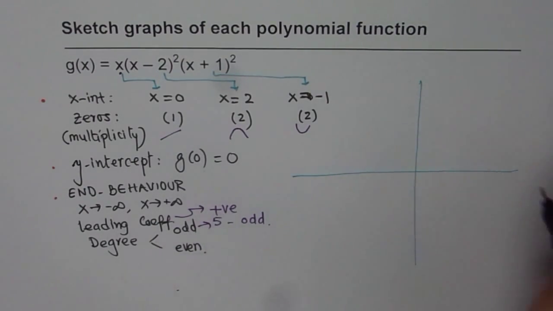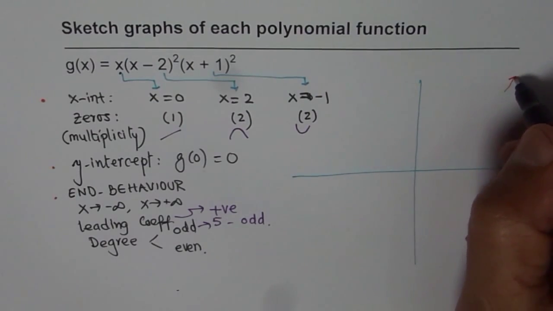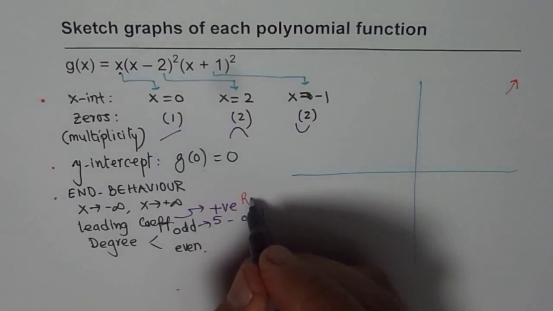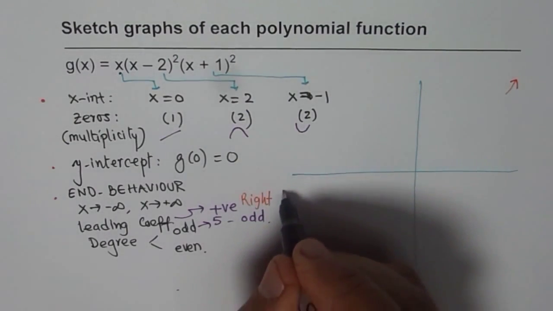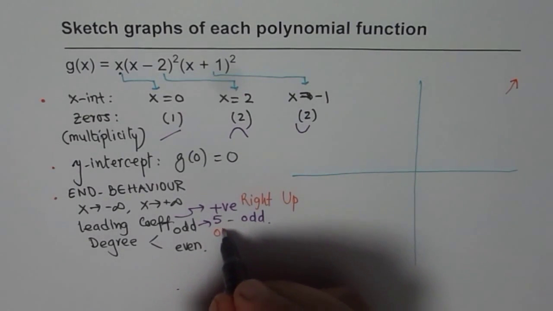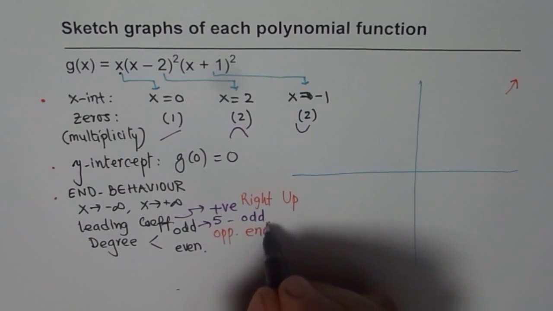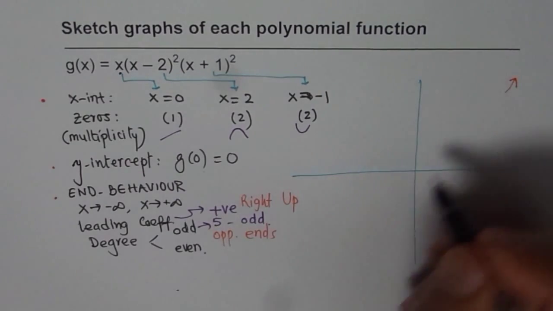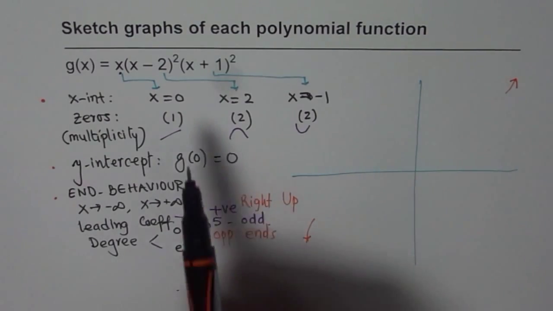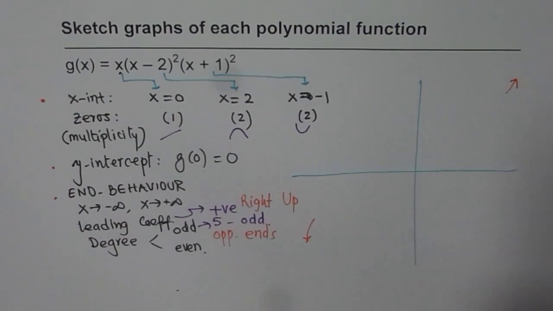Positive means right side up, whether the degree is odd or even. Remember that. And odd means opposite ends. So if it is going up on the right, it has to come down here on the left. Odd degree means opposite ends, and positive leading coefficient means right side up. So we've done that part.